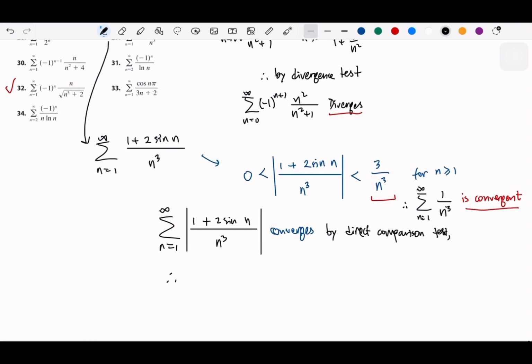So because the absolute value of that series converges, then as a conclusion, the series is absolutely convergent.